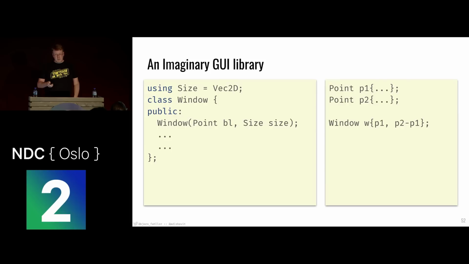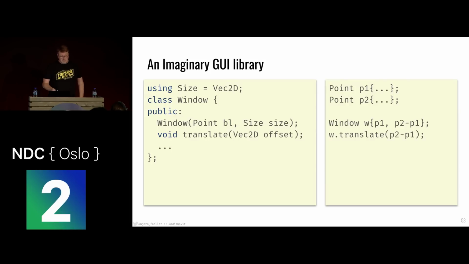So that is cool. And also if we want to move a window around on the screen and translate it, we want to translate it with an offset. So we give a vector, say move it such and such many pixels to the right and so many upwards. And again, I can subtract two points to get this vector.